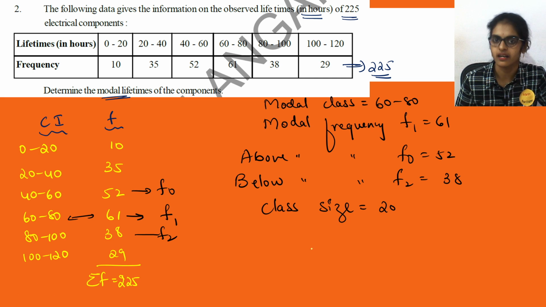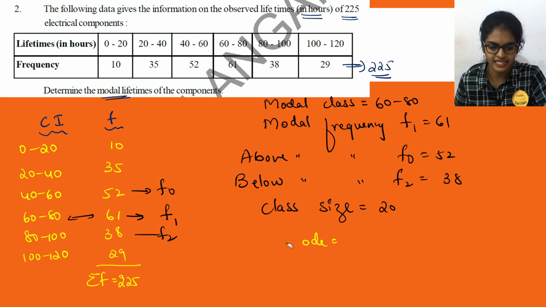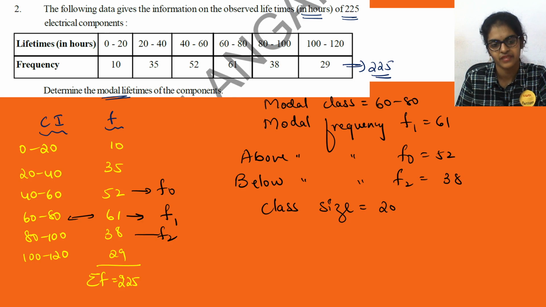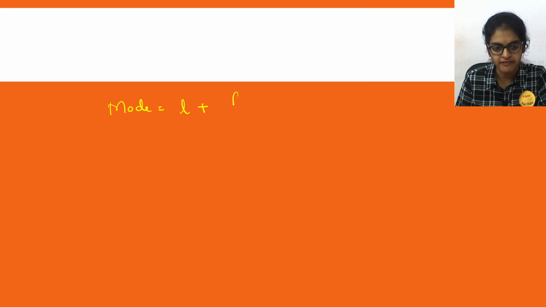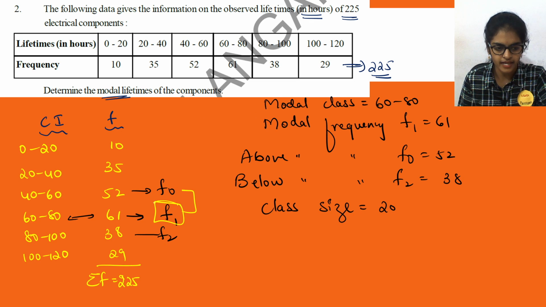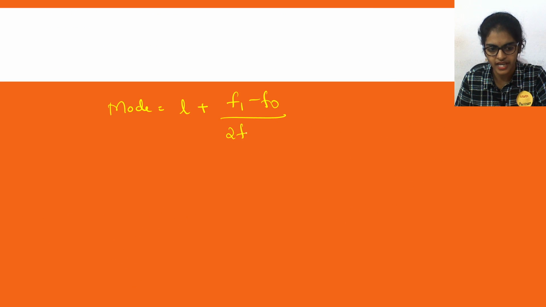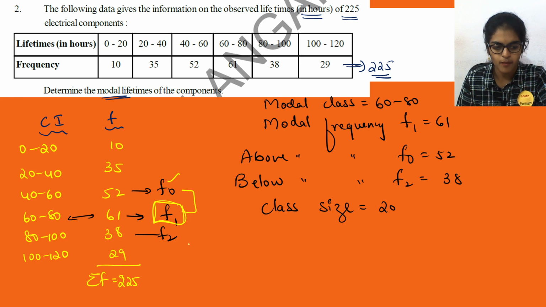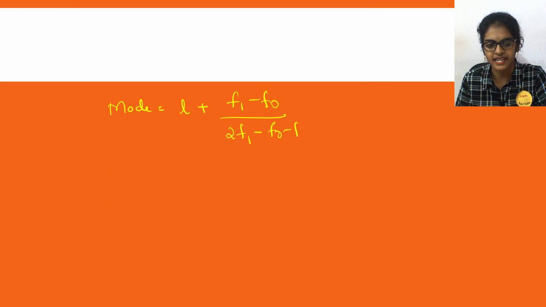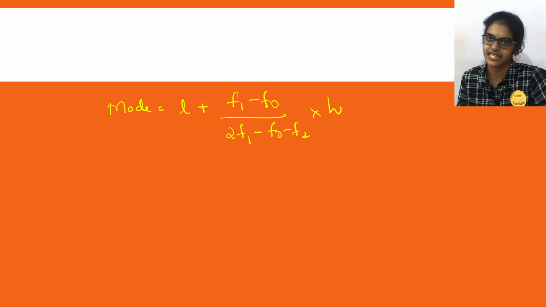Now the formula for the mode of any given data, let's write it on the next page. Okay, so mode is L plus (f1 minus f0) divided by (2 times f1 minus f0 minus f2), multiplied by your class size.